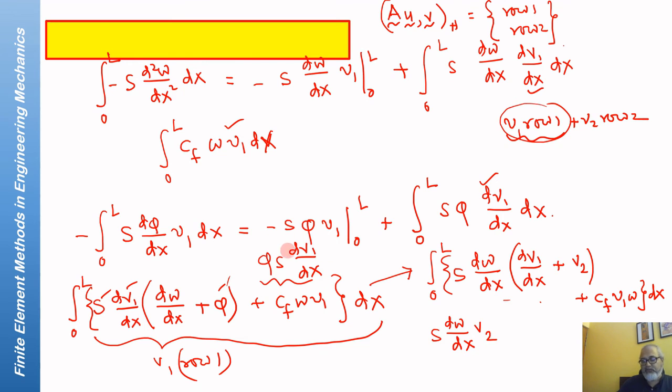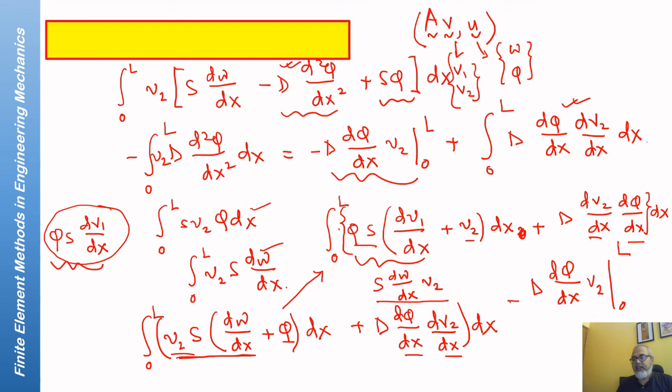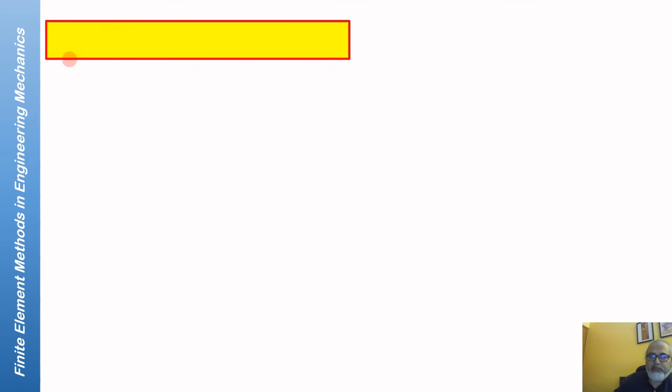But this term comes from the second term. It comes from v2 into rho 2, whereas what comes from here, v1 into rho 1, I take to the second term, and then I see that the whole thing is self-adjoint. And now once I have proved self-adjointness, I can set up the variational principle easily.